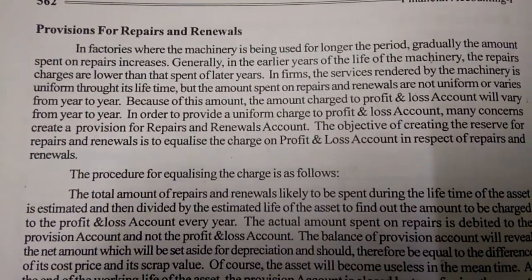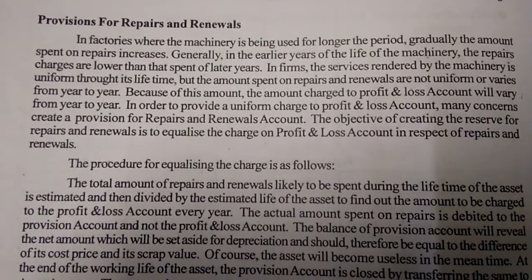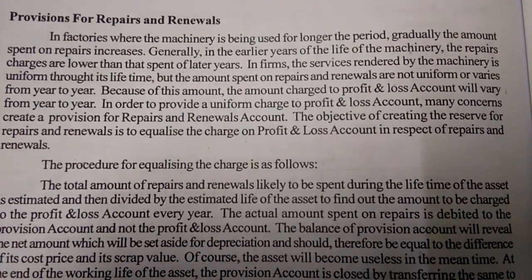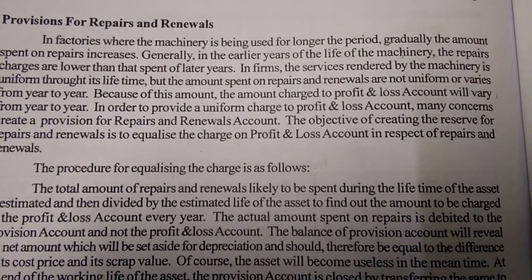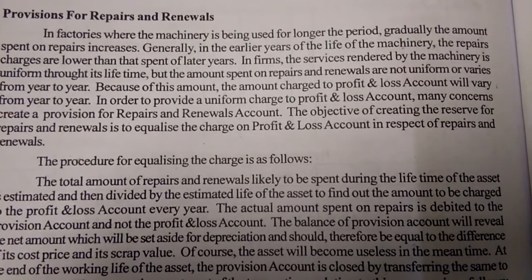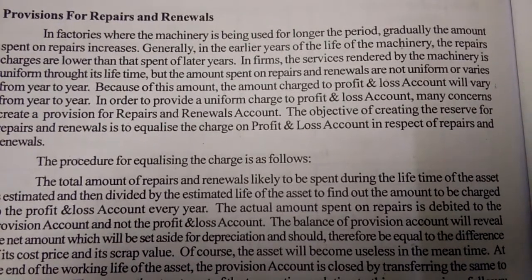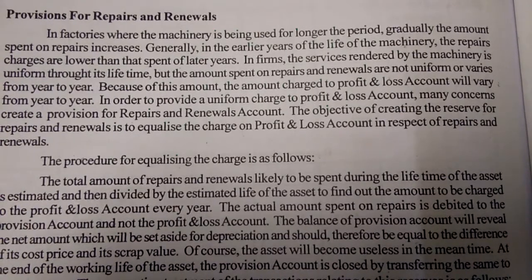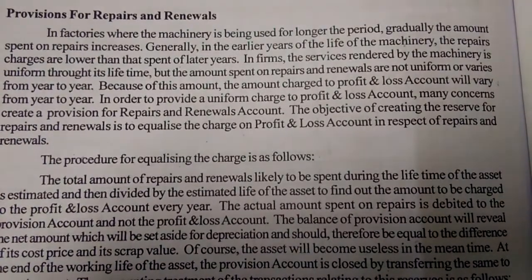And one more is provision for repairs and renewals. In factories where the machinery is being used for a longer period, gradually the amount spent on repairs increases. Generally, in the earlier years of the life of the machinery, the repair charges are lower than those in later years.